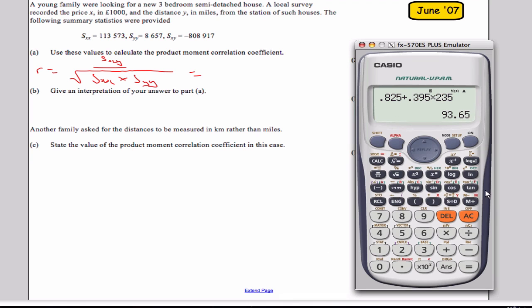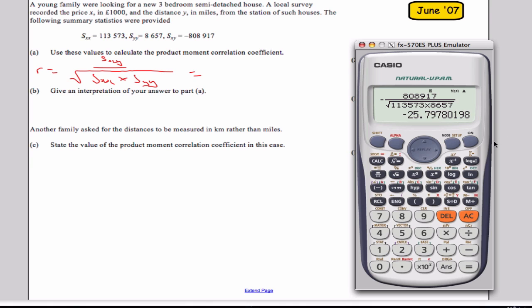So Sxy is minus 808917 divided by the square root of Sxx, 113573, times by Syy, 8657, and we get minus 25.9798.